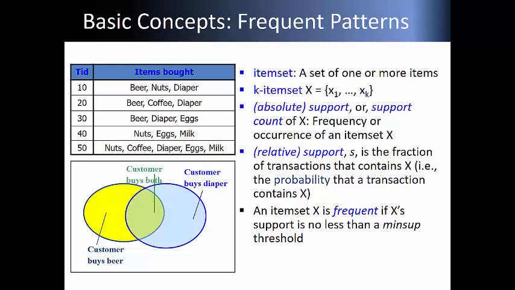So here's an example. Basket, transaction ID, TID, or you can say basket. When you go to grocery stores, you pick up baskets or a cart. Into it, you pick up items, right? Somebody looked at the baskets and found some frequent patterns.